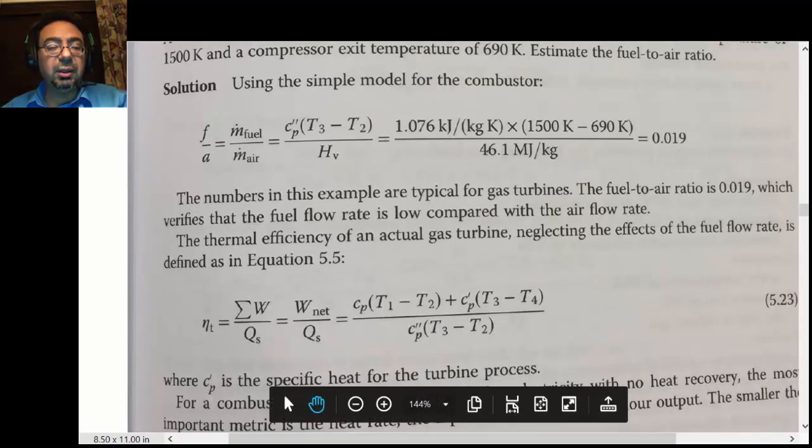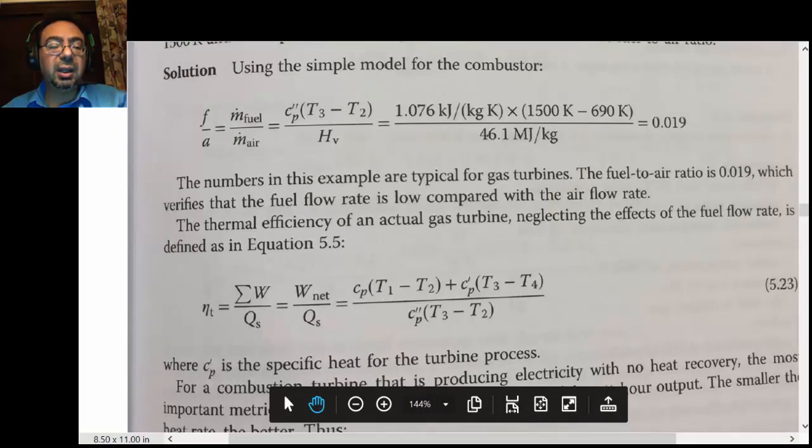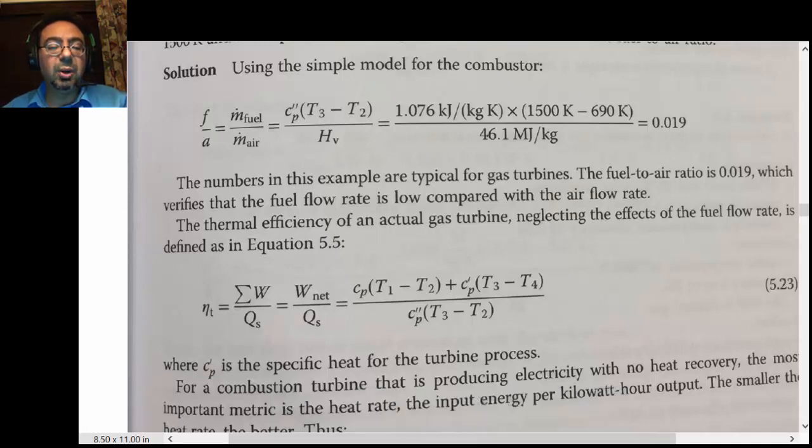Over here he's pointing out that if we want to calculate the thermal efficiency, again it's work net over Q added. Work net is the work of the compressor, which will end up being negative, plus the work of the turbine, or basically work turbine minus the absolute value of work compressor, and in that case you will make it T2 minus T1 divided by the Q added.